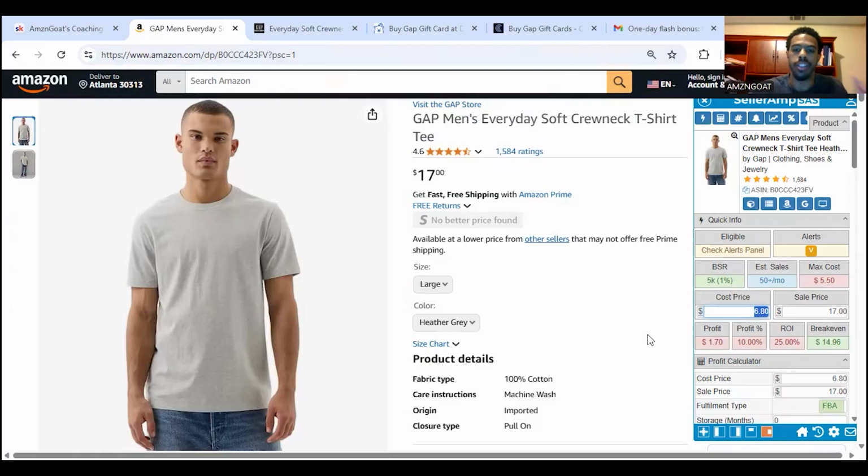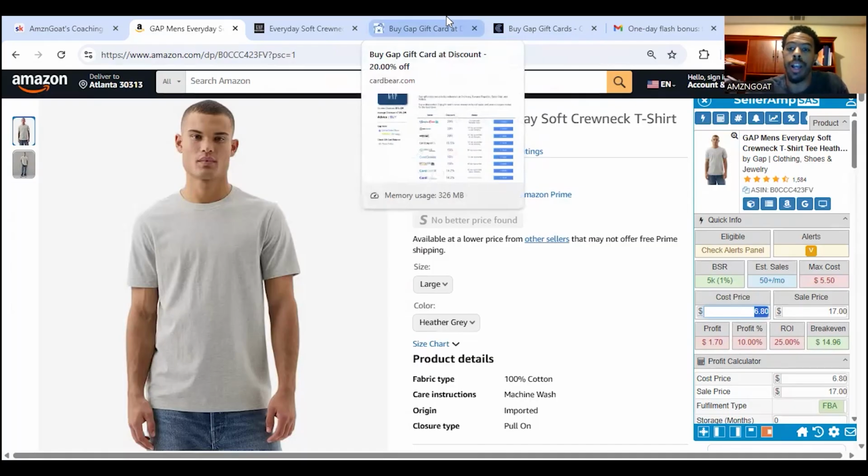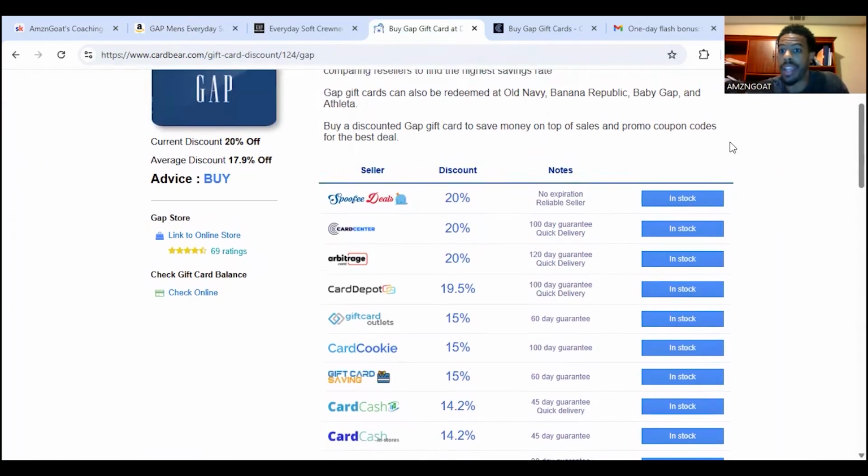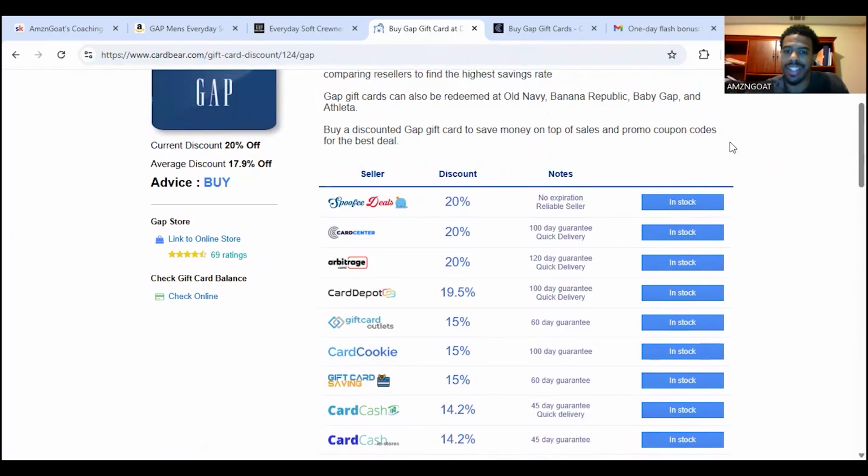But if you take it a step further, as you can see, I already have the links pulled up. But buying a discounted gift card at whatever website you're at, if they have them available, this has to be part of the checklist, part of your mindset when you're sourcing online: what are the different ways that I can get the product cost down?